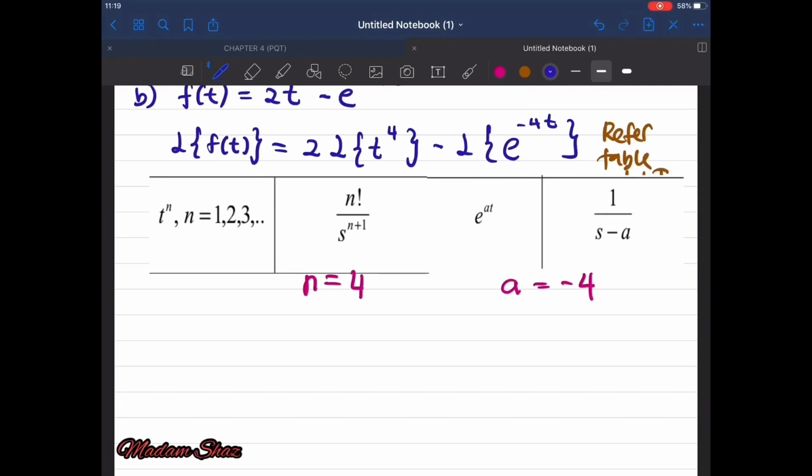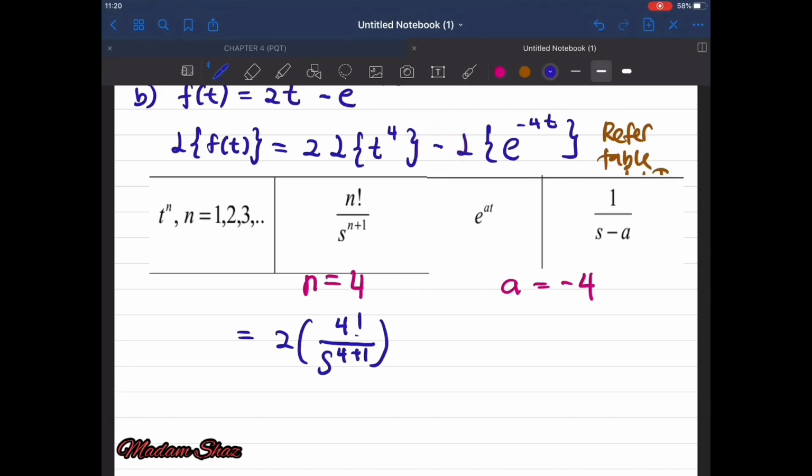So now we can write our answer. 2 multiplied with the Laplace of t to the power of 4, which means 2 multiplied with n factorial divided by s to the power of n plus 1. So n is equal to 4, so 4 factorial divided by s to the power of 4 plus 1.